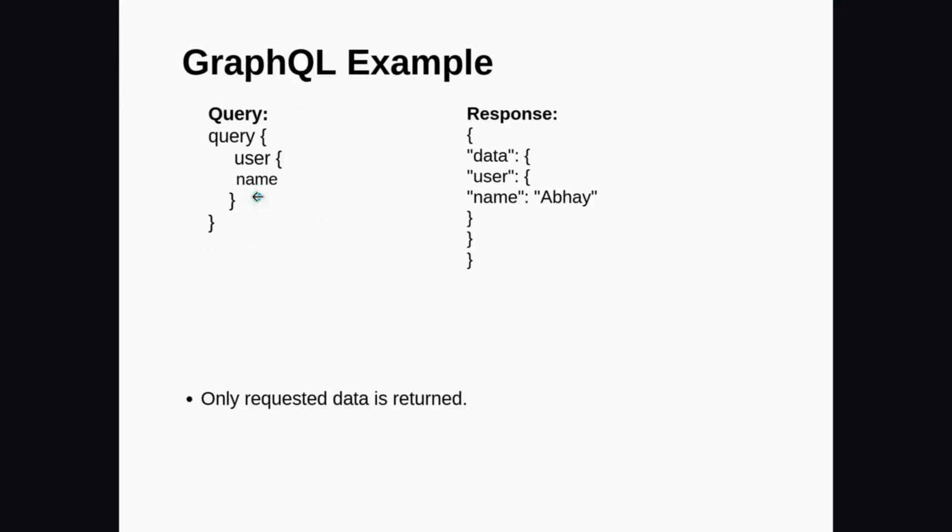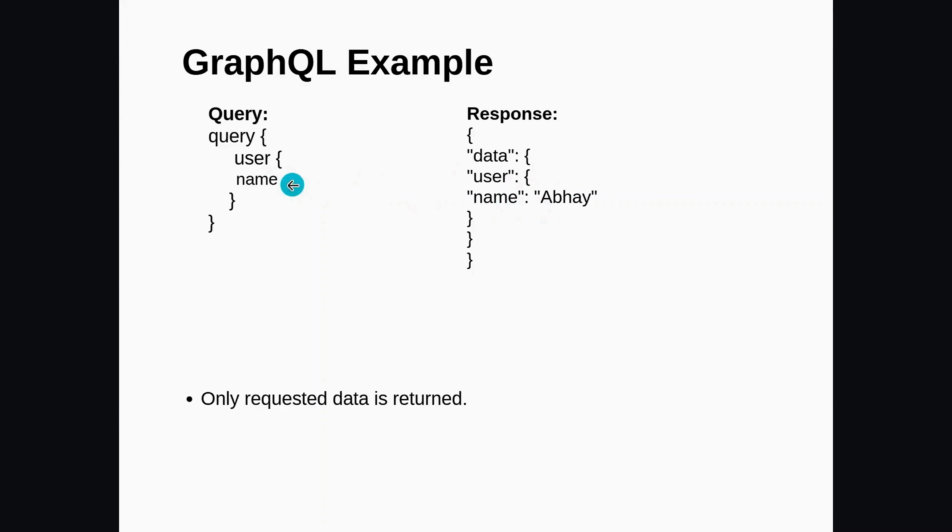But in the GraphQL API, we are actually writing a query. If we write user and only name, then in the response we get only the name. If we want the name with the Gmail, we just write name and Gmail after it, and we will get the name with the Gmail.